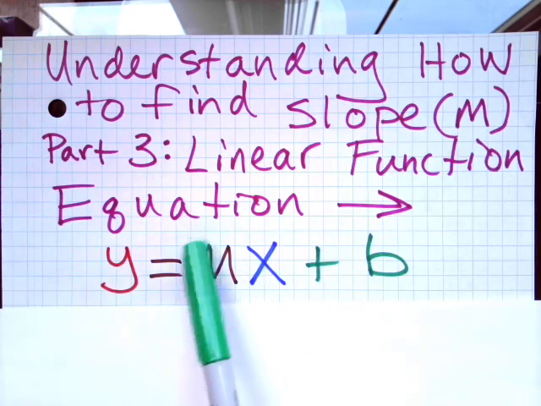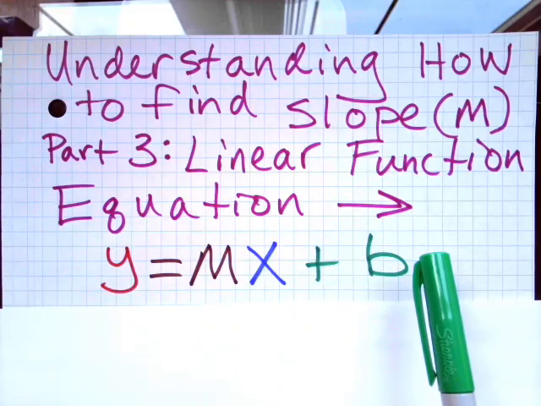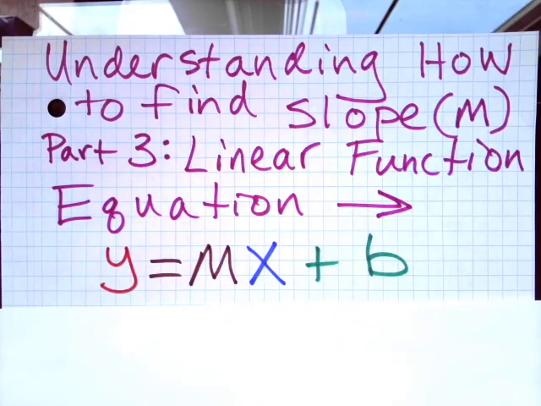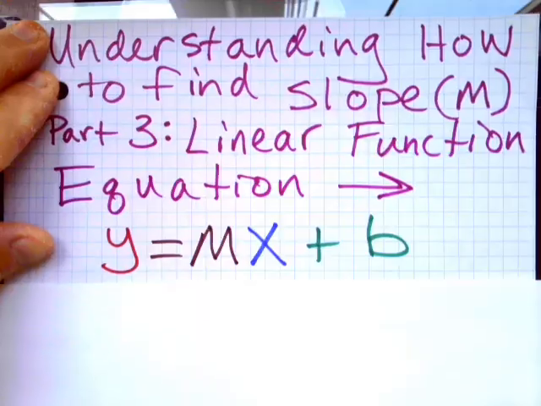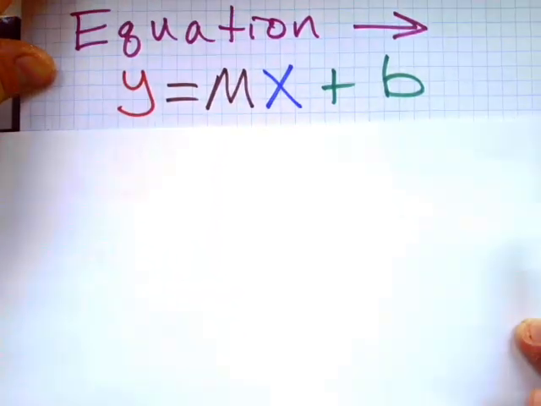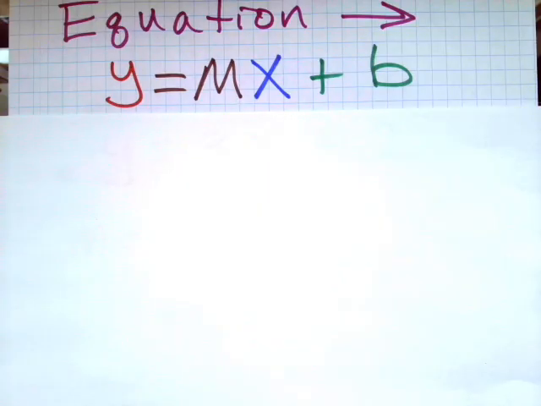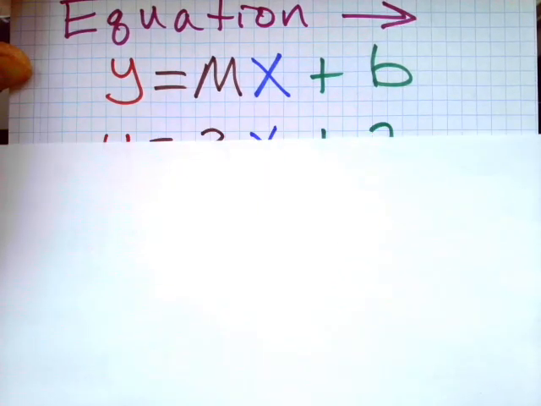What we need to do is find the slope value and find the y-intercept value. For many of you, this is just going to be review. For some of you, this will be a reinforcement of things that I've gone over in previous videos. Or you may have prior knowledge.